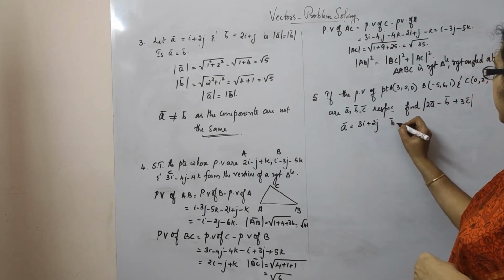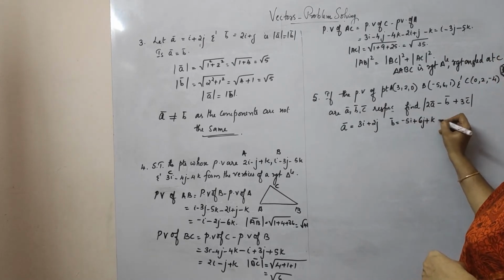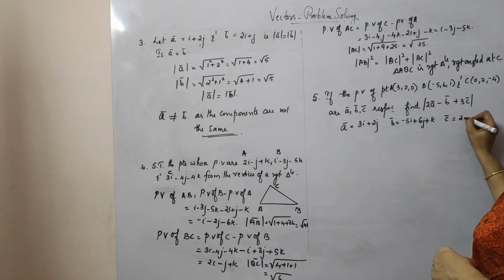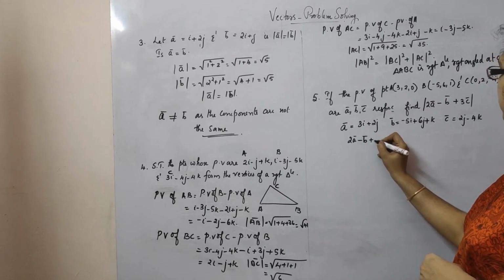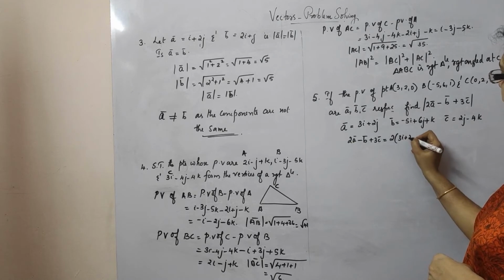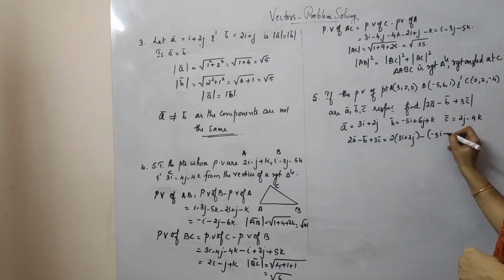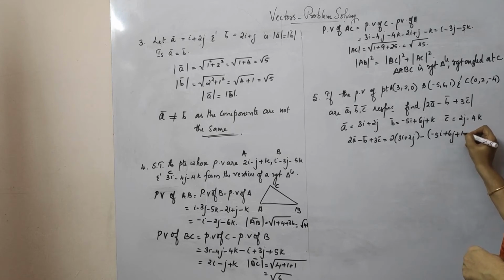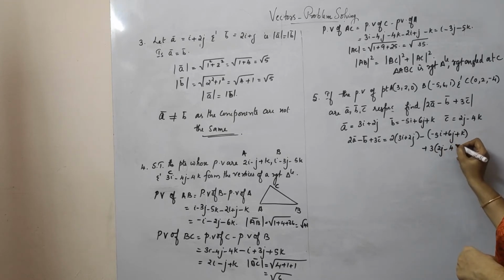B is minus 5i plus 6j plus k. And C is 2j minus 4k.